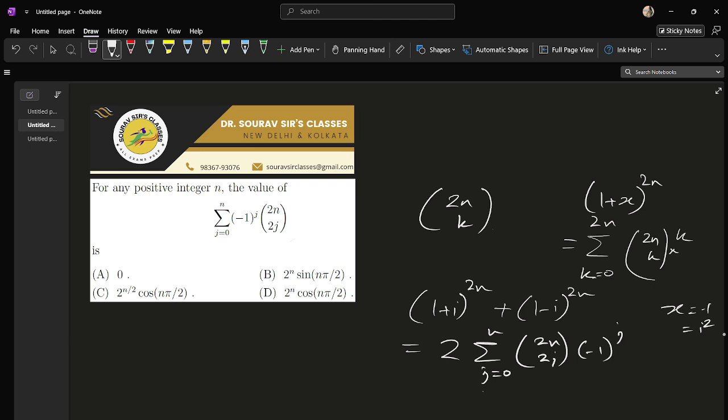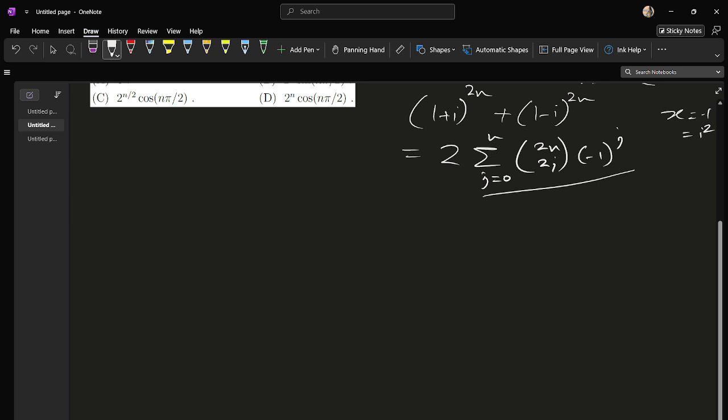So this thing is my given expression, and we have to only think about this, because that is equal to the given expression.